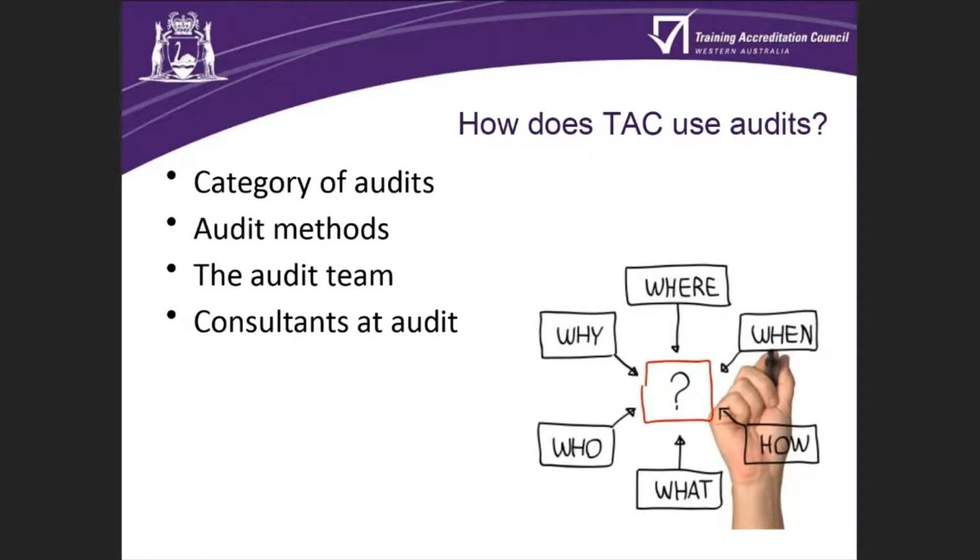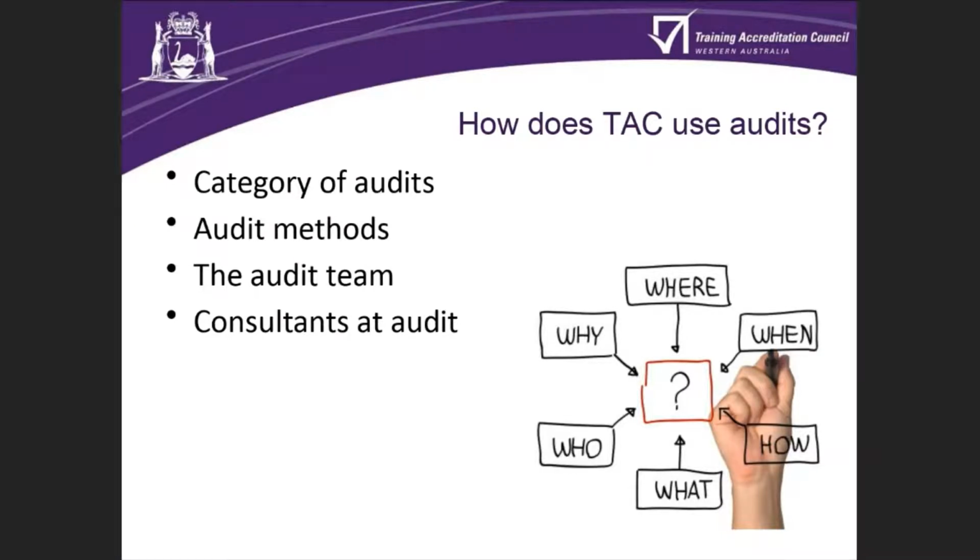So basically, when you're asking TAC to come into your organisation to conduct an audit, they will be looking at your organisation in order to determine whether or not you are meeting the requirements.